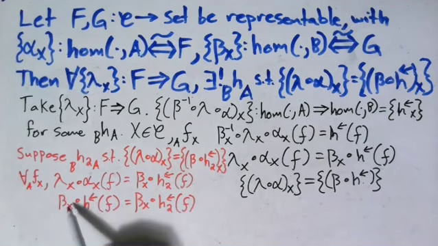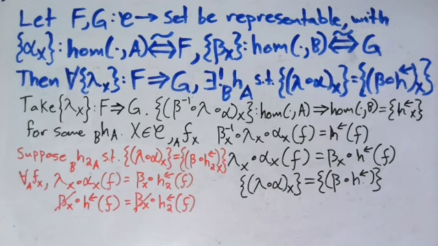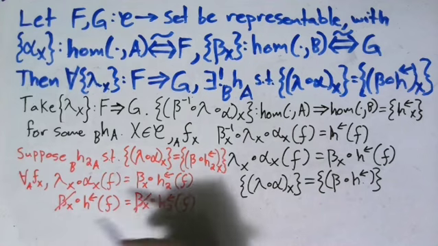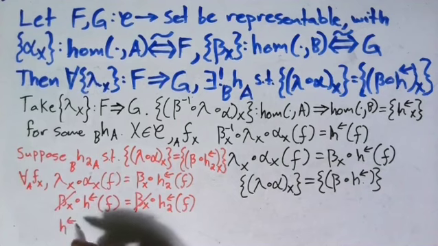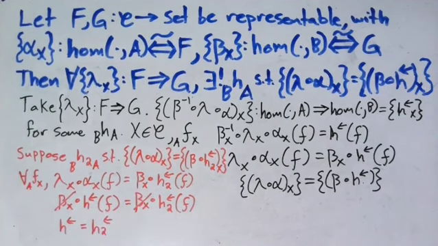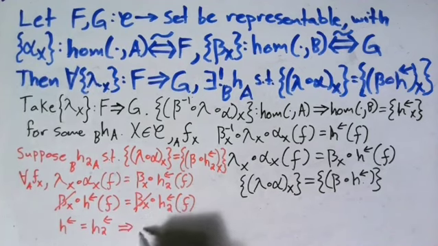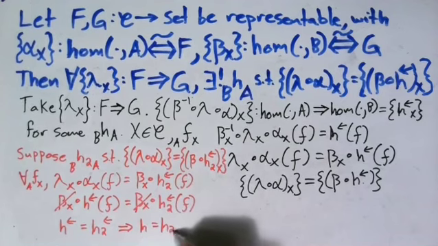But now we can cancel these two sides because beta x is invertible, they're isomorphisms. And if that's the case, then we have "h followed by" is equal to "h2 followed by" for any f, so the natural transformations "followed by h" and "followed by h2" are actually equal. But if that's the case, we need to have that h is equal to h2.